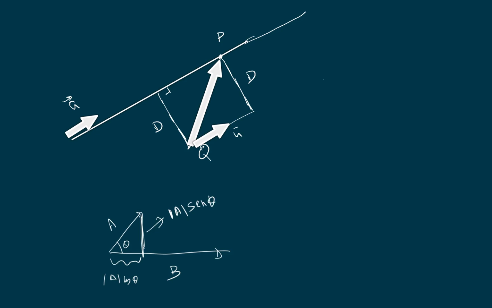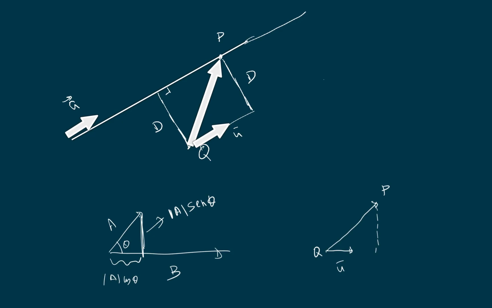Okay, so let's choose the vector U, a unitary vector. So we repeat, this is U, a unitary vector. This is the vector QP, from Q to P. What is this amount, the horizontal amount of distance?